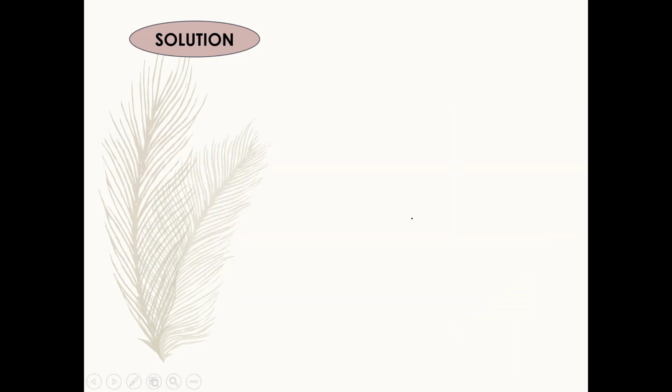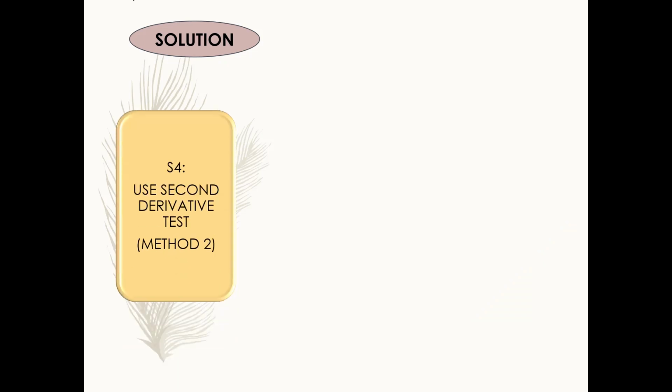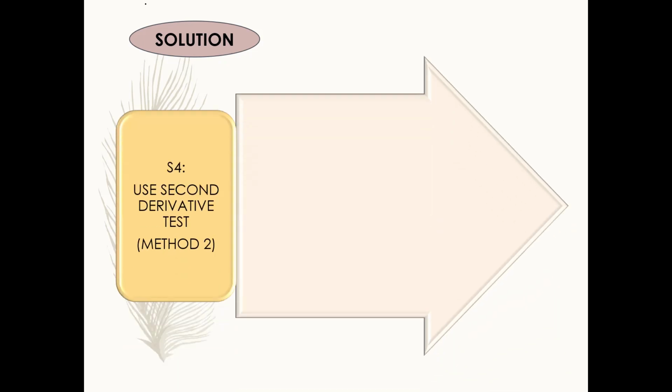Okay, now I will show you the second method, which is we will use second derivative test. So you need to differentiate again the dy/dx. So you will get d squared y over dx squared is equal to 6x. And then when x equals to 1, you will get d squared y over dx squared is equal to 6 times 1, which is 6. And so it is greater than 0, so it is relative minimum.